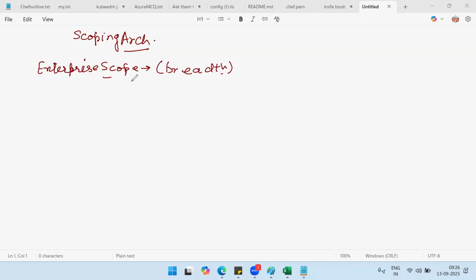So you need to define the enterprise scope, where you say what is the full extent of the enterprise, and what part of that extent this architecting effort will deal with. You need to ask first whether this is in my enterprise scope or not.